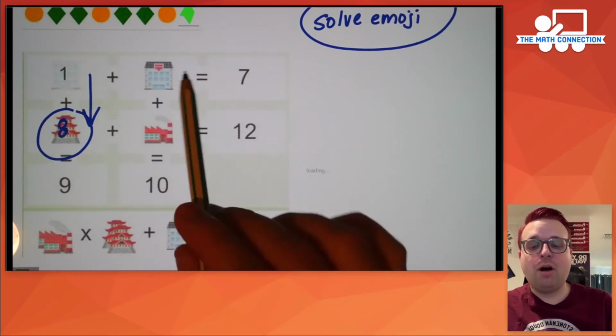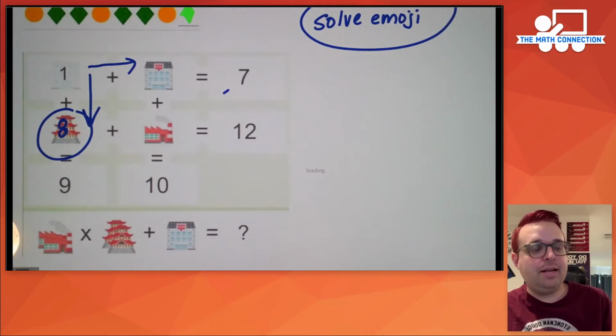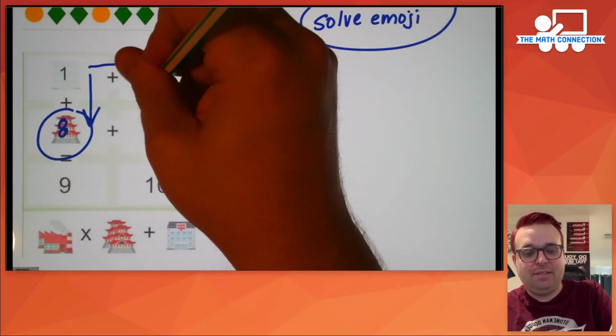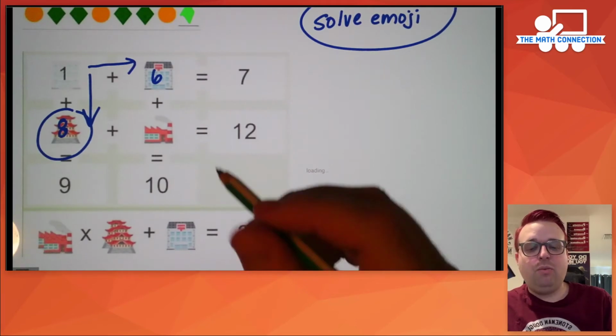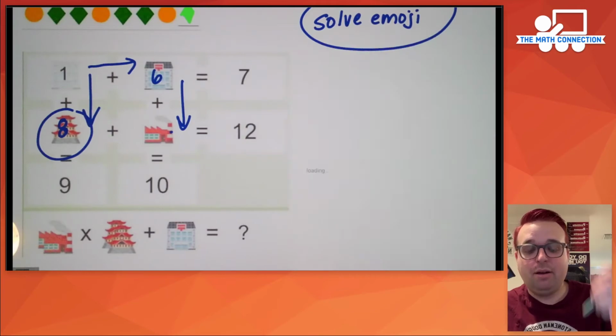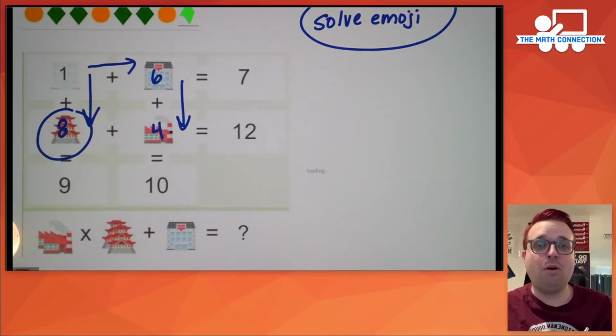So if we go across, 1 plus this building should give me 7, and so the difference between 7 and 1 is 6. And so therefore, that building must be worth a value of 6. And then we also want to go down from here. 6 plus this factory thing right here is going to give me 10. And the difference there is 4 because 6 and 4 makes 10.